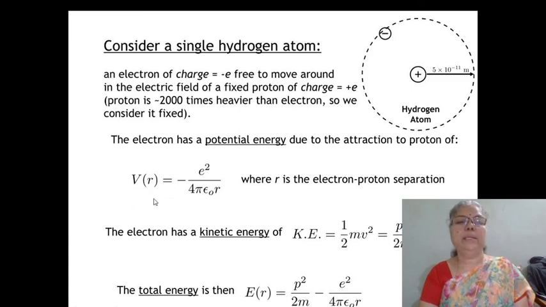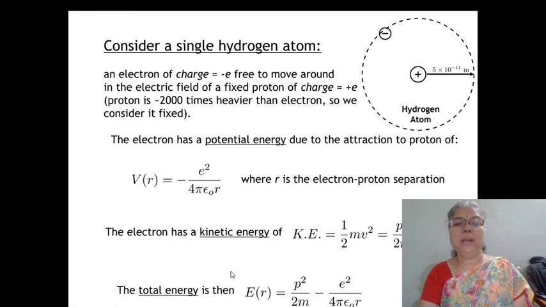The electron has a potential energy due to attraction of the proton, given by minus e square upon 4 pi epsilon 0 into r, where r is the electron-proton separation. The electron has a kinetic energy equal to one half m v square, which in terms of momentum is p square by 2m.